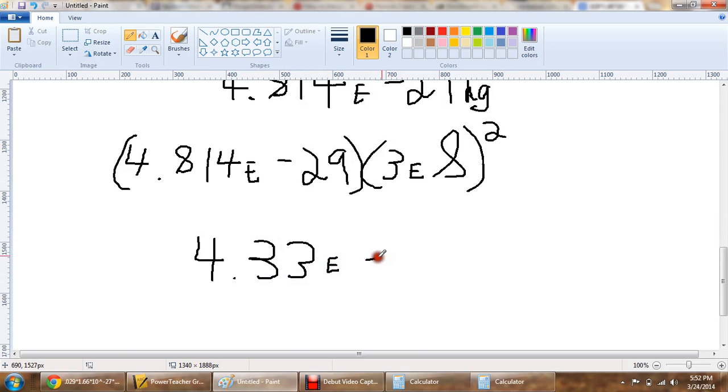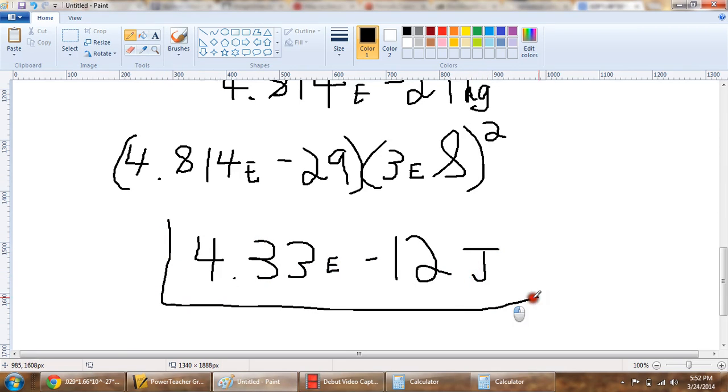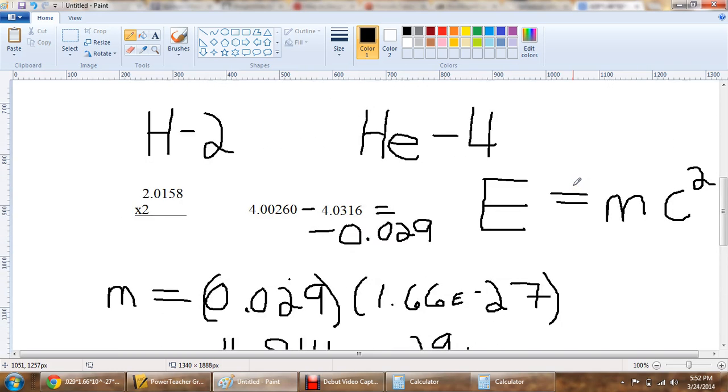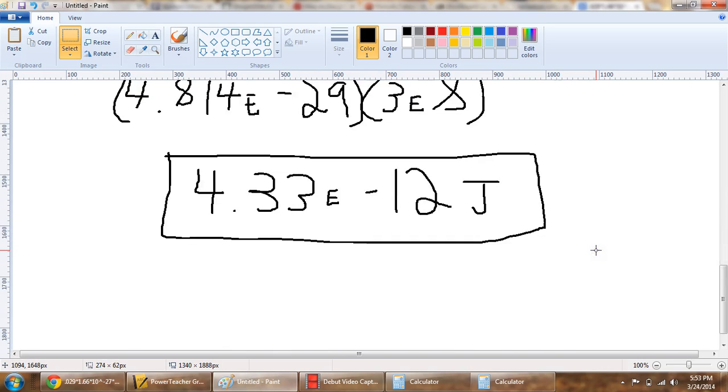Now this may seem like a very small amount of energy released in one reaction, and for one reaction it is very small. But here's the thing. If I were to take 1 kilogram of hydrogen and convert it into approximately 1 kilogram of helium, I am losing a decent percentage of the weight over 1 kilogram.